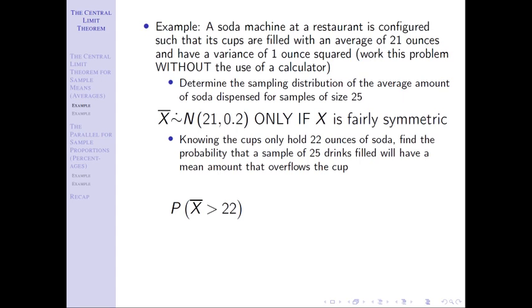I'm going to do it just like I did before, symbols on the left and numbers on the right, but the symbols here are a little bit different because this is not x minus mu over sigma. This is x bar, so I have to subtract the mean of the x bars. Well, the mean of the x bars is still mu, but the standard deviation of the x bars is sigma over square root of n. Then I do the same thing on the other side. The standard deviation of the x bars is that 0.2. That's why I said maybe write that sampling distribution out, even if the problem doesn't ask you to.